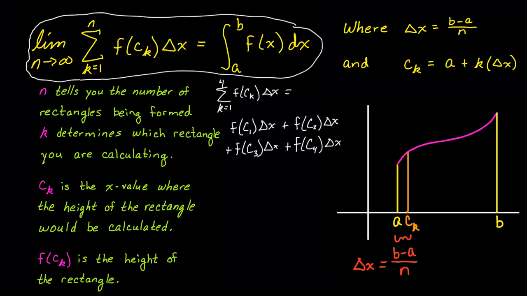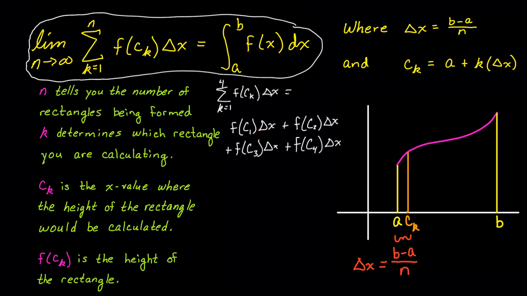C sub 2 would be the next one, and if there are 4 rectangles equally spaced in here, C sub 2 would be at the halfway point here. C sub 3 would be located right over here, and then C sub 4 would be our last one over here on the end.